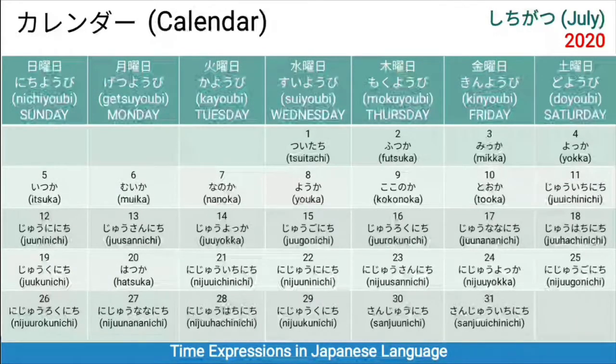Fifth, Itsuka. Sixth is Muika. Seventh is Nanoka. Eighth is Yoka.